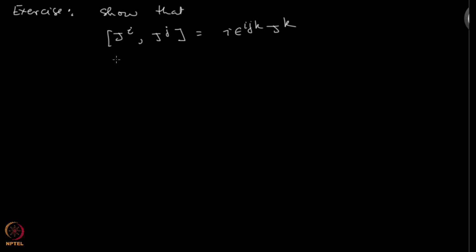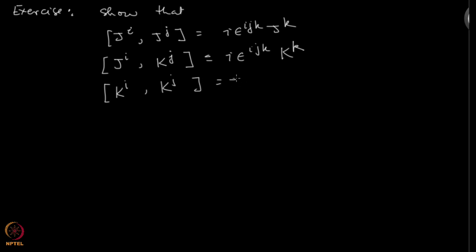And if you take a commutator of j i and K j, okay, for example j 1 and K 2, etc., you get i epsilon i j k K k. There is summation over k here in both these expressions. So i and j are only the free indices, and then K i with K j is minus i. So that minus sign is very crucial. That is going to be very useful at some point of time for us.